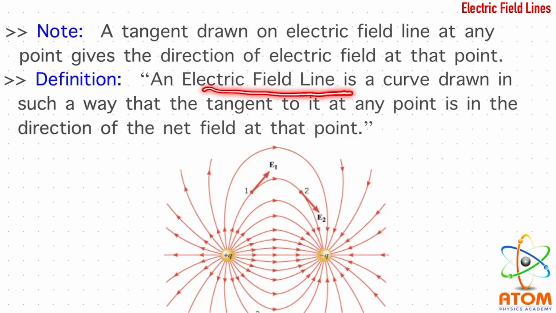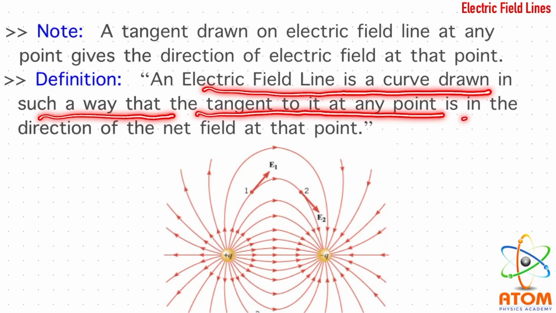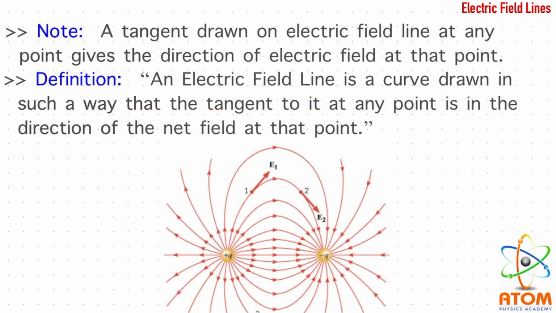It is saying that all these curves, which are known as electric field lines, are such curves that at any point if you draw a tangent, then that tangent will be in the direction of the electric field at that particular point only.